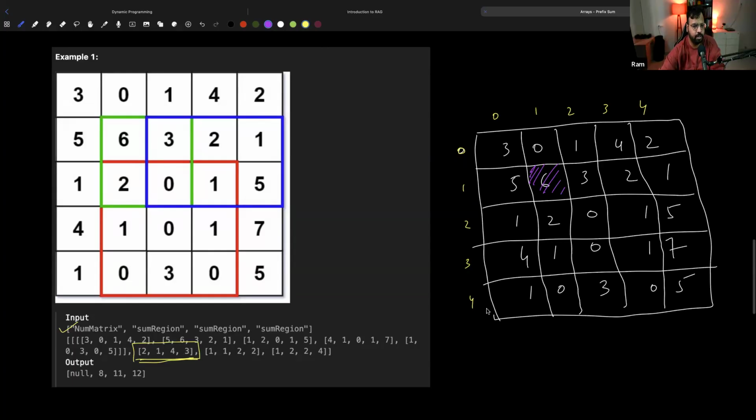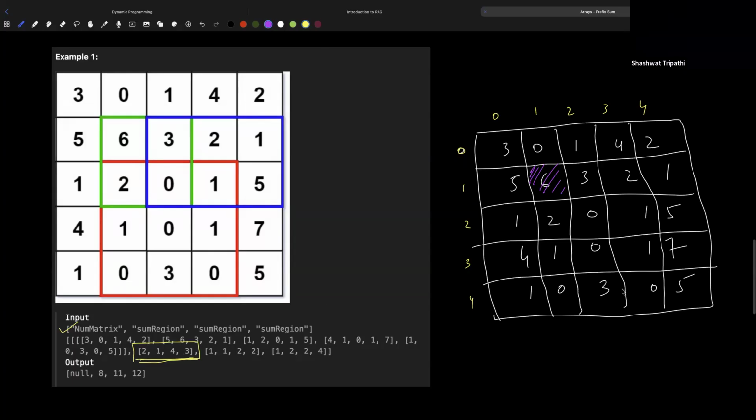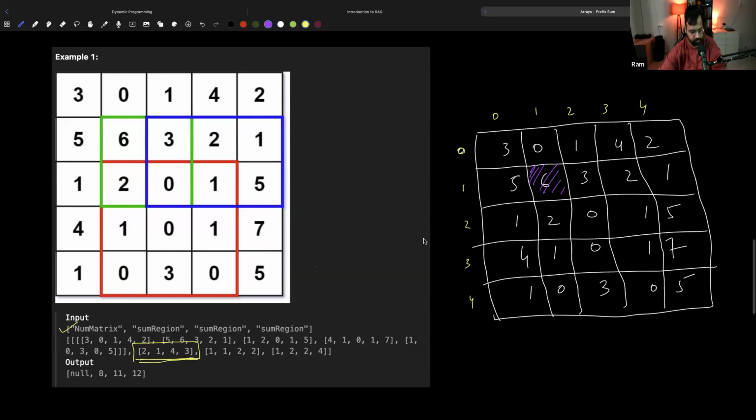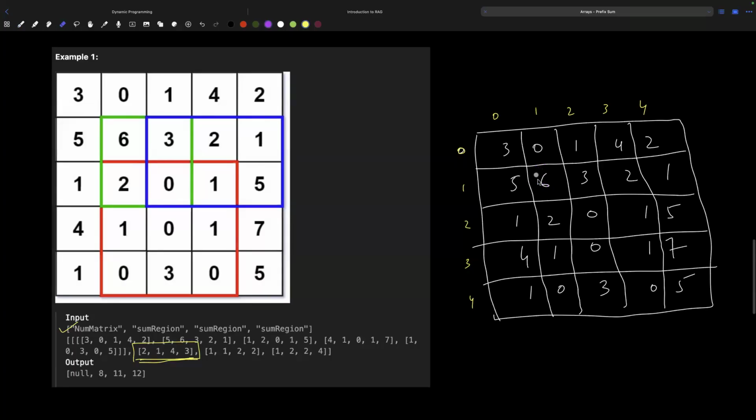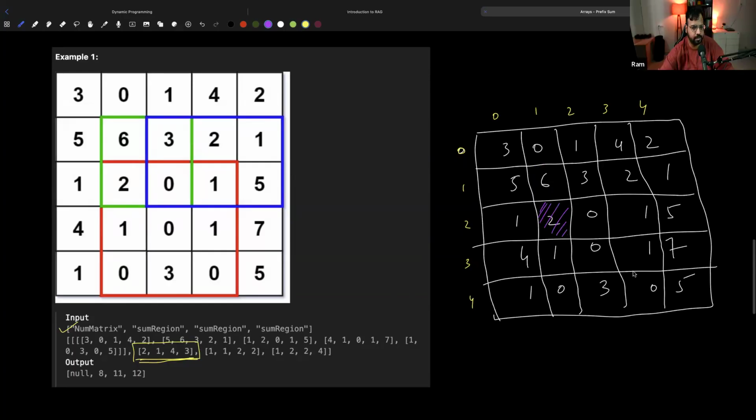So 2 and 1, then 4 and 3, this one. We need to find the sum of this part.